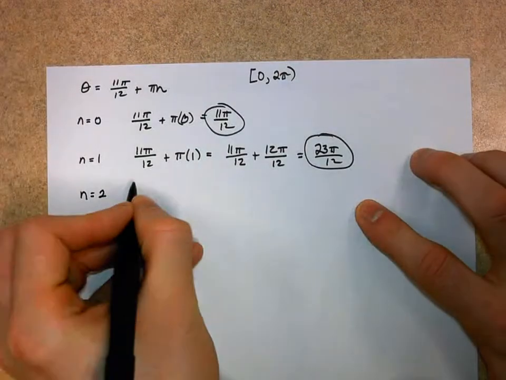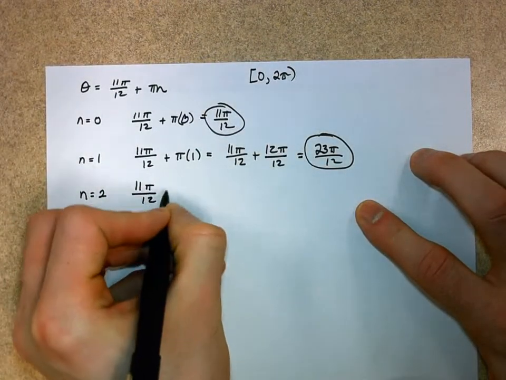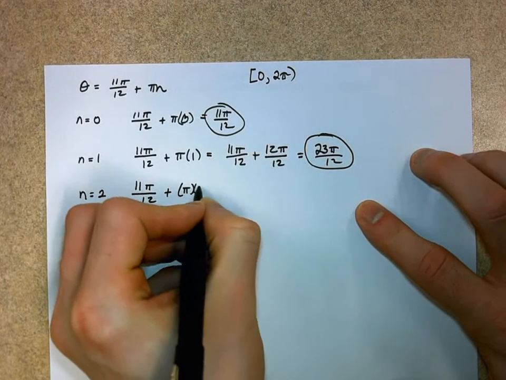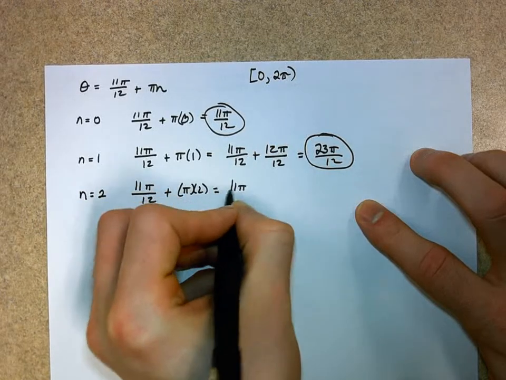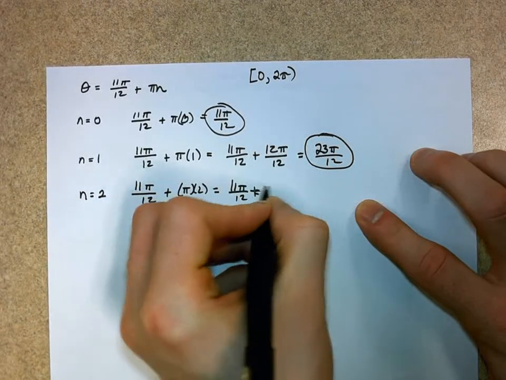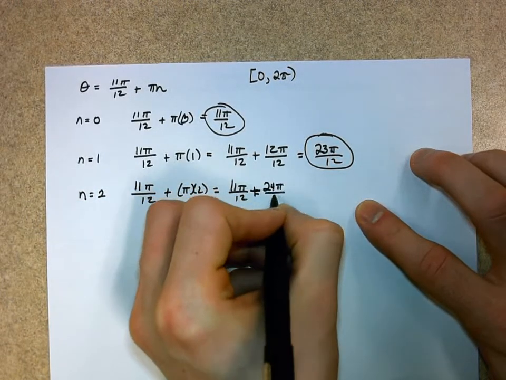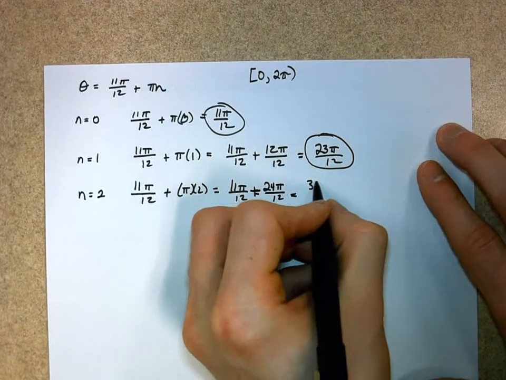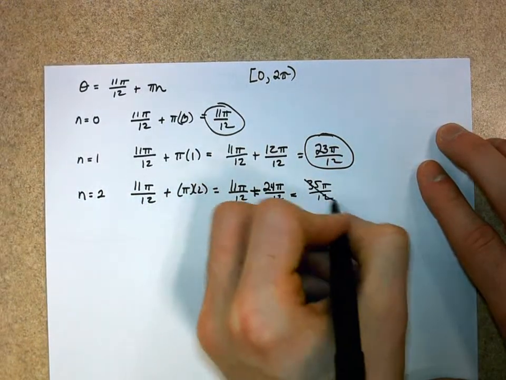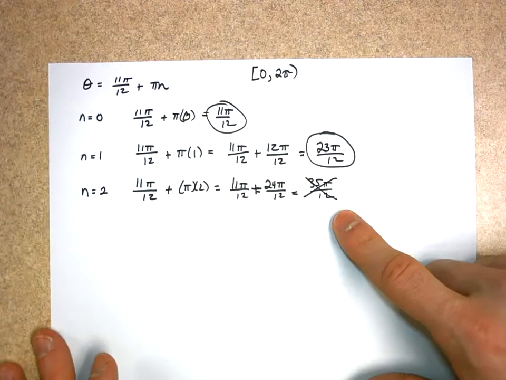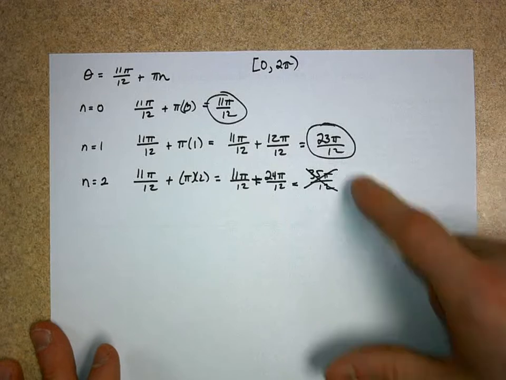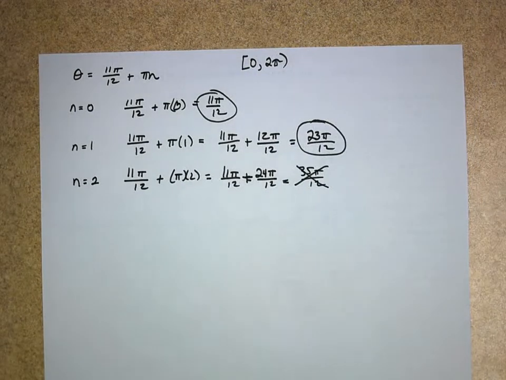If I were to plug in a 2 here, 11 pi over 12 plus pi times 2 is 11 pi over 12 plus 24 pi over 12, which is 35 pi over 12. And that can't be a solution because that's larger than 2 pi, because I only wanted 0 to 2 pi.